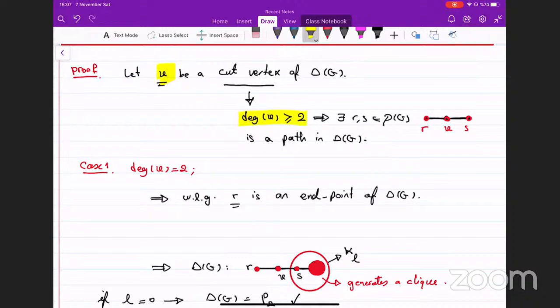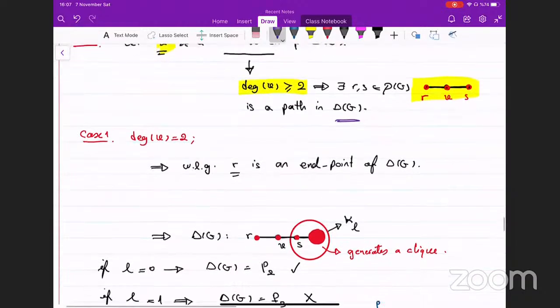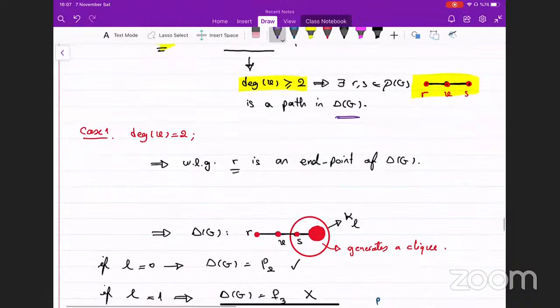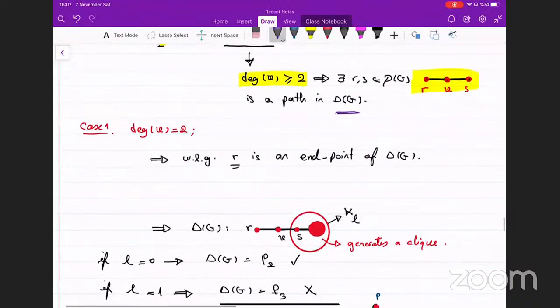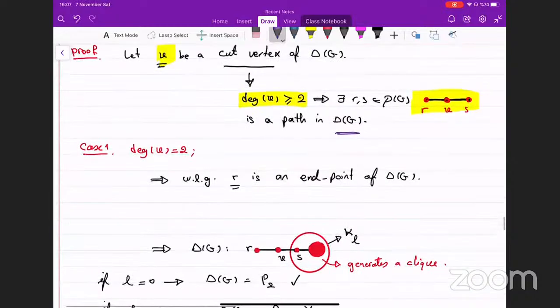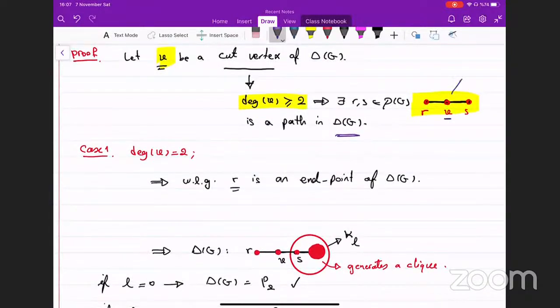And so I can find something like this inside the graph delta G. Whether the vertex is of degree 2 or not, this is just a part of delta.